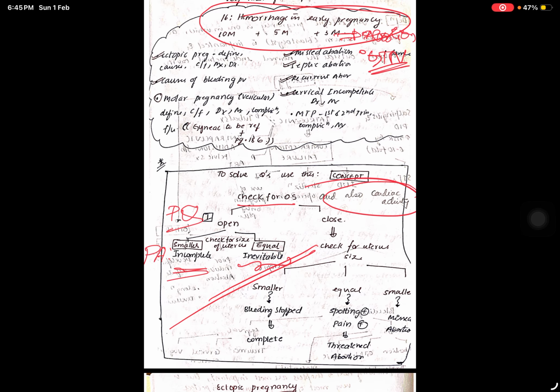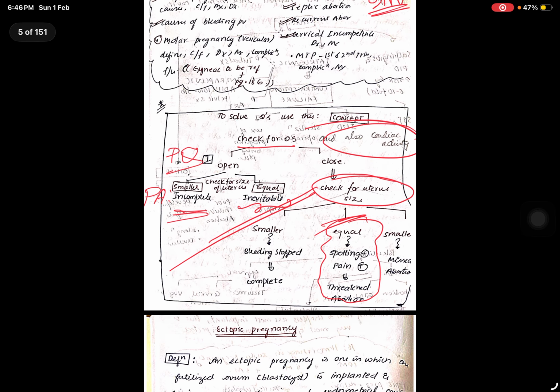Now if the cervical os is closed, we have to look at the uterus size. It can be smaller, or it might be equal. Then you have to check whether the bleeding has stopped or not. If it's equal, it means it's a threatened abortion. Here it has not started, so you can save this pregnancy.